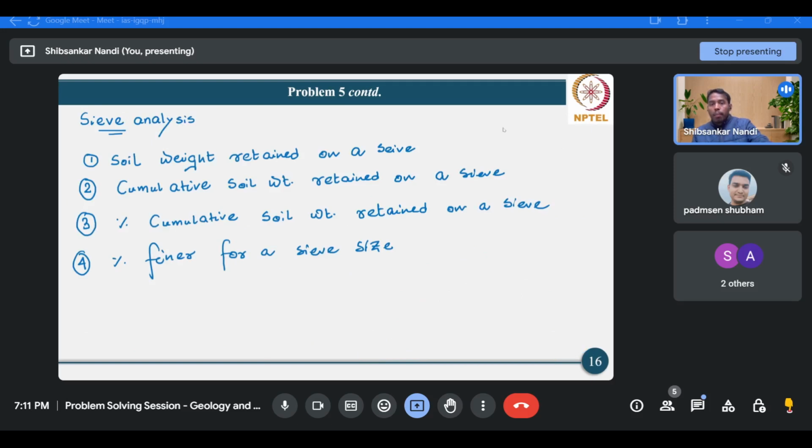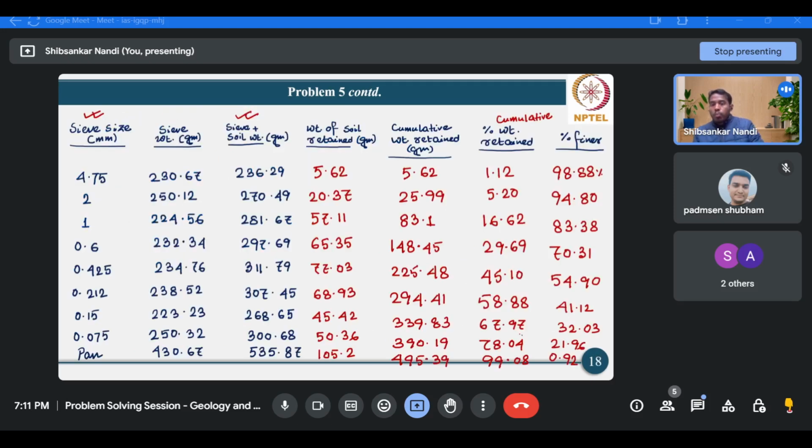We have to multiply the corresponding percentage finer with the percentage finer which we have just now got. This 21.96 is the percentage finer corresponding to 0.075. This 21.96% of the 500 gram is retained in the pan, and from this pan we have taken only 40 gram of representative sample for the hydrometer test.